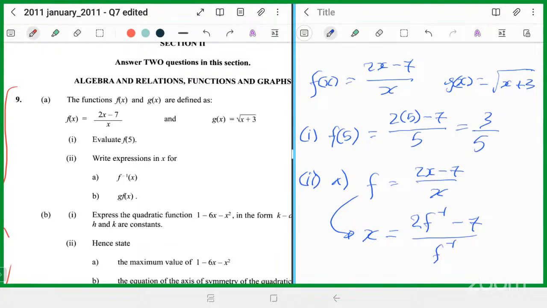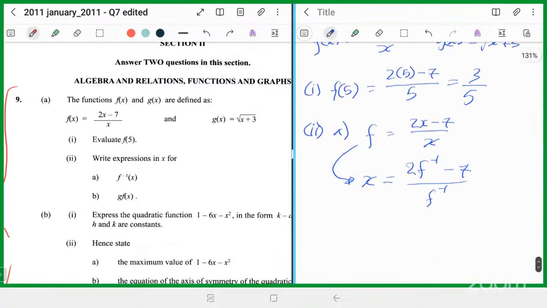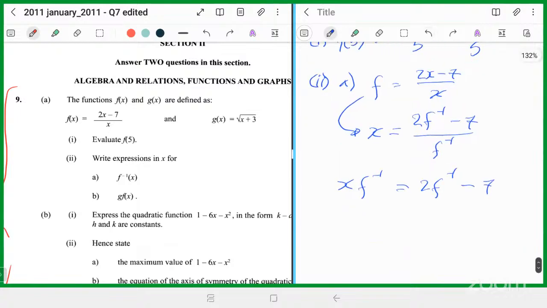I will now need to transpose to make f to the minus 1 the subject. First thing is to multiply this across here, spread it out and separate all the terms. So it becomes x f to the minus 1 equals 2f to the minus 1 minus 7. Take this over here and put it with that one. It becomes x f to the minus 1 minus 2f to the minus 1 equals negative 7.